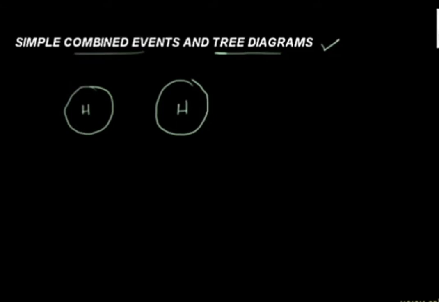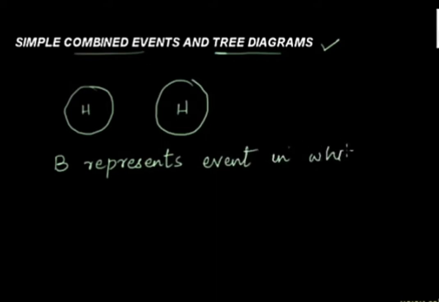So B, what is B? If we have to find the probability of an event B, let's say B represents an event in which we get, let's suppose, same outcomes.